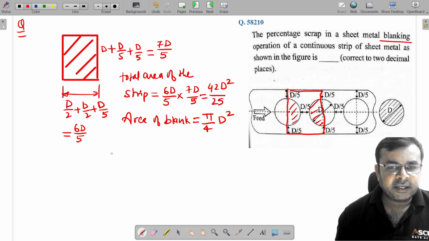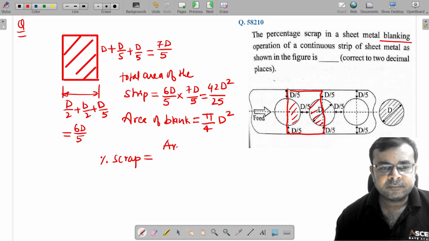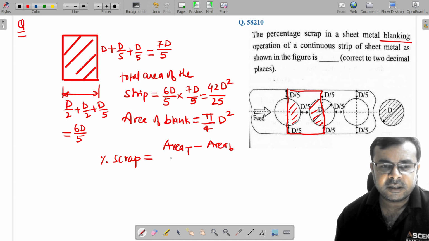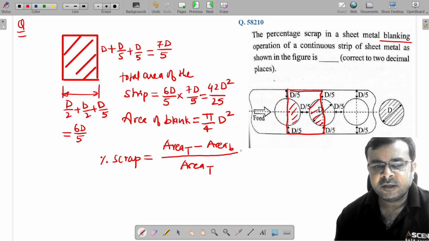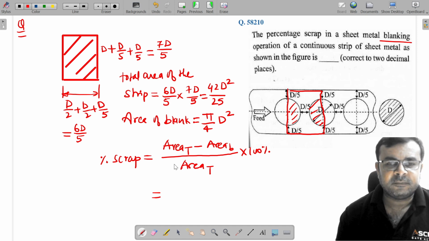If we want to write the percentage scrap, it is the total area, let's say represented by area T, minus the area of blank, that is the useful part, over the total area into 100%.